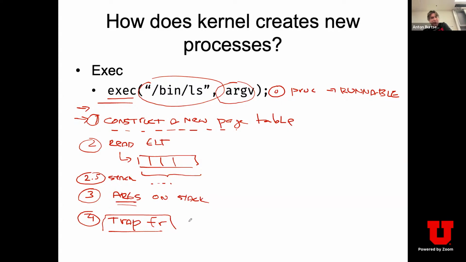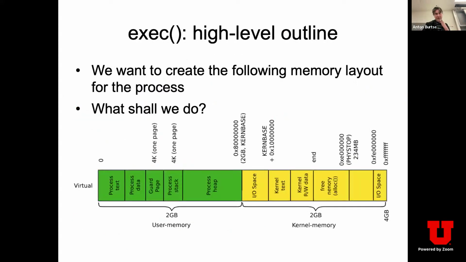Such that user tf->eip will point, let's say, to main or the entry point of the process. At some point, that's enough, you can iret into it and it will start running. So that's the outline. Good job figuring it out, and we will cover it next time. Those steps are not as hard, but we will do them.